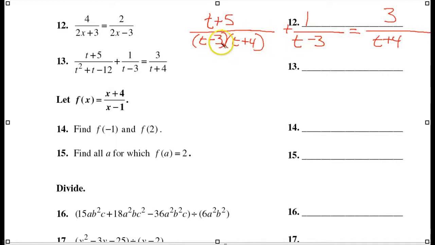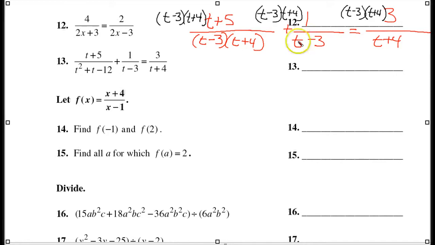And it happens to be these two. So that'll be my next step. So I'm going to multiply each term by this common denominator. And notice, this all cancels out here. Here, just the t minus 3 cancels out. And here, just the t plus 4 cancels out.